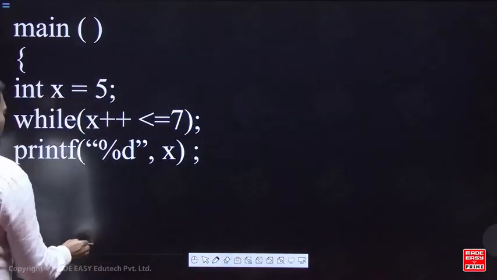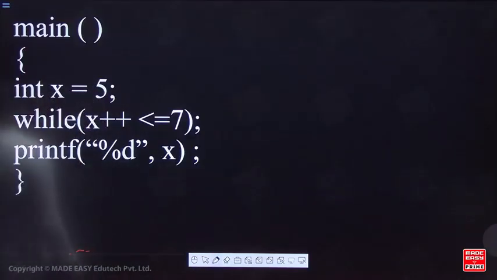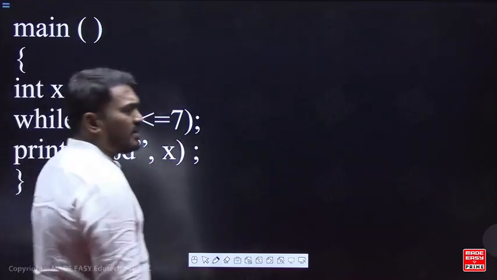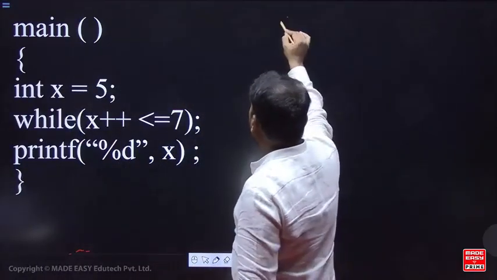First of all, I don't understand how many printfs it will print, how many values it will print. Somebody is giving 3 values. Many people are giving wrong answer, 80% giving wrong answer.